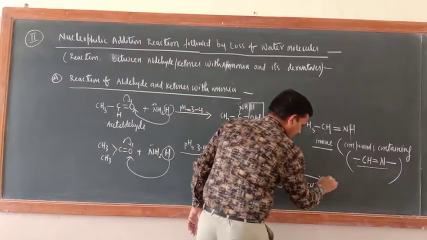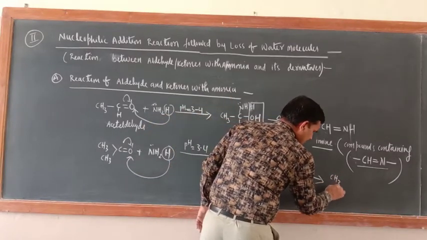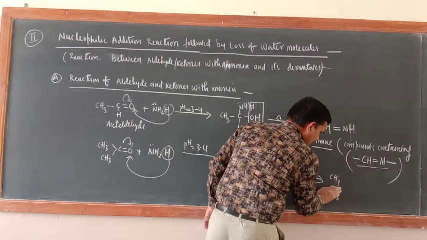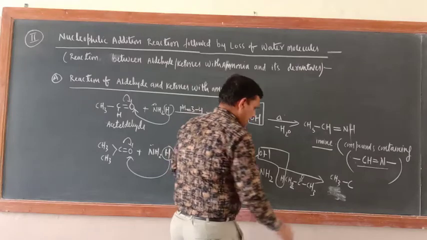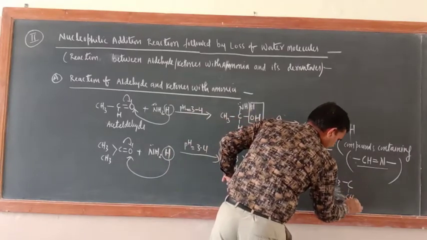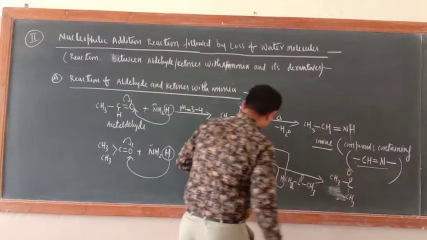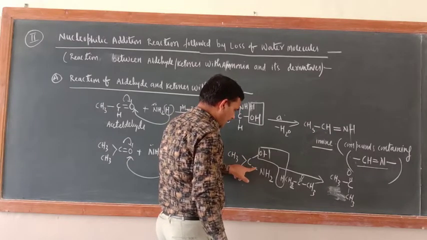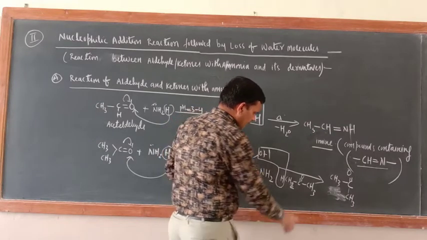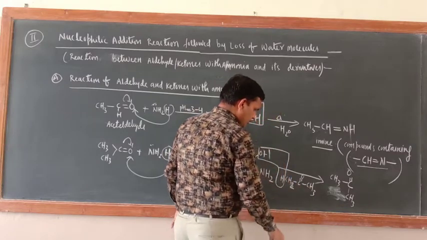So what is the product here? The product is CH3, CH3C, and here also CH3. Here double bond O. You can write from this side, there is no issue.